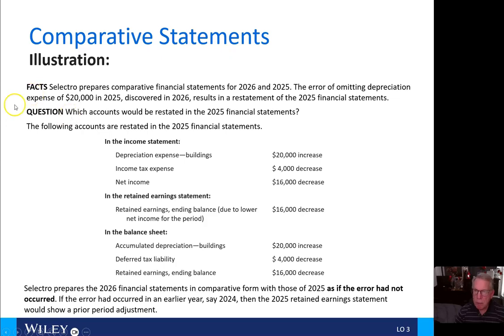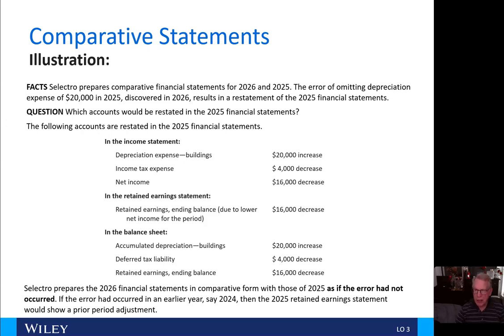Okay, if we look at comparative statements, the facts are that Selectro prepares comparative financial statements for both 2026 and 2025. The error of omitting depreciation expense of $20,000 in 2025, discovered in 2026, results in a restatement of the 2025 financial statements.